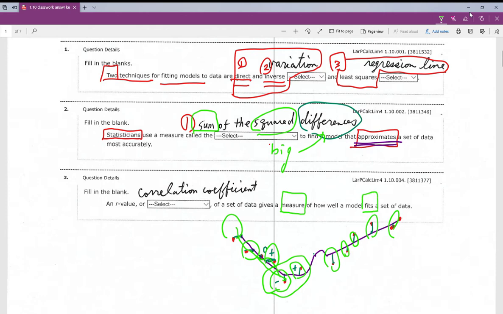This other way is we create a number called R value. And what's R value? You need to learn statistics to understand.